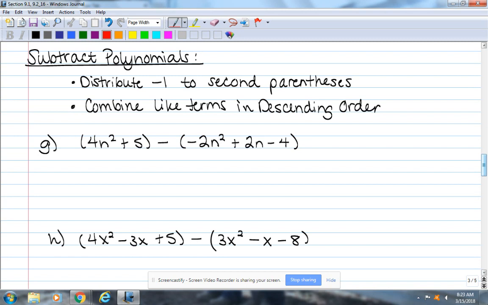The first thing I want you to do is stick a 1 between that parentheses and the minus sign. Because what you're going to do to subtract polynomials is you're going to distribute a negative 1 times everything in the second polynomial. So distribute a negative 1 to every single term in the second polynomial. The first polynomial is not going to change.